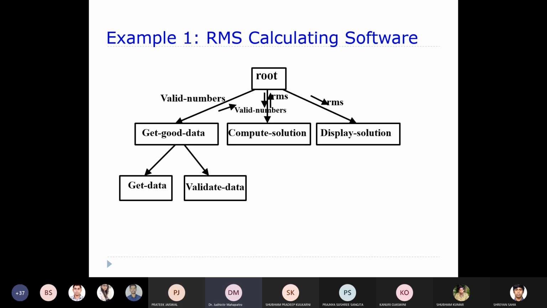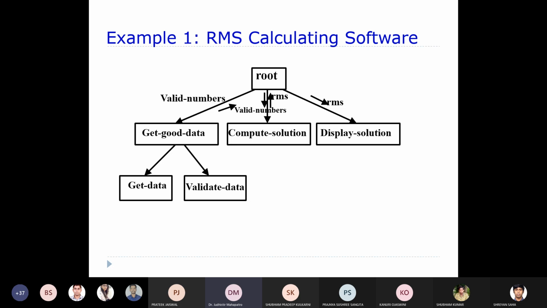Now this get data module is going to get the data from the user. Whatever data is given to the get data module, it simply sends back to the validate data processing.